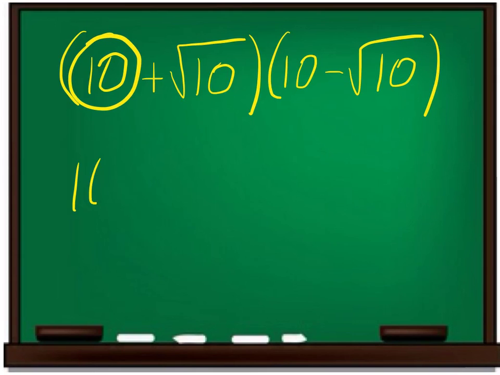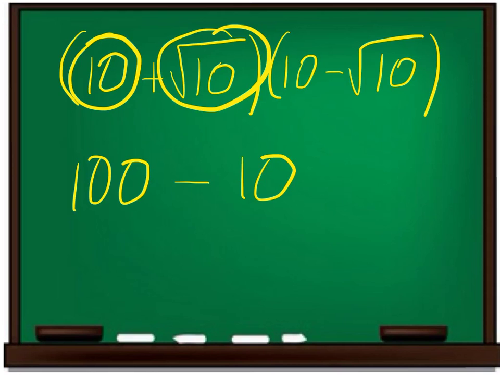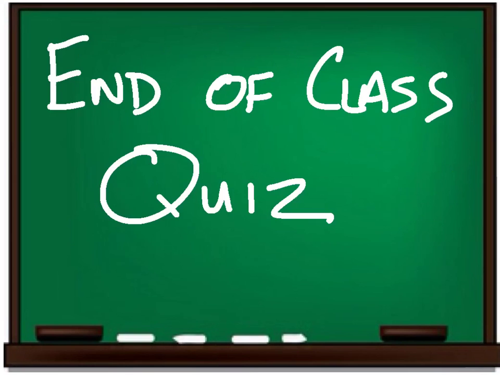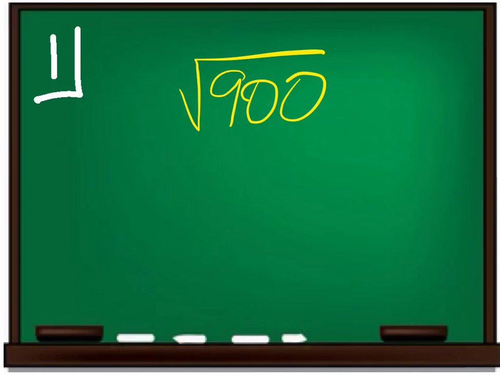Ten squared is 100, and this squared is 10. So the answer should be 90. Answer is 30. It's a perfect square.